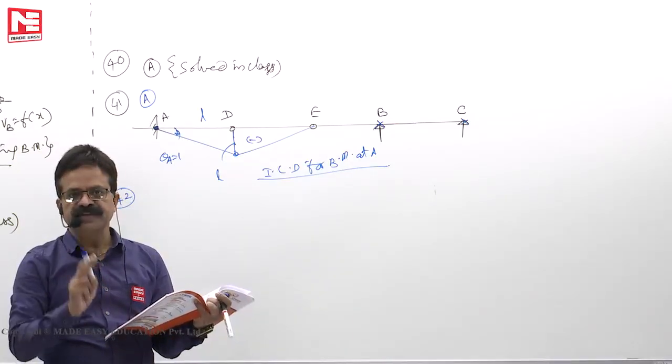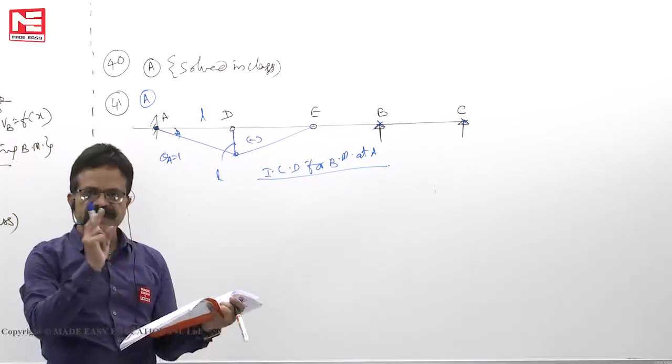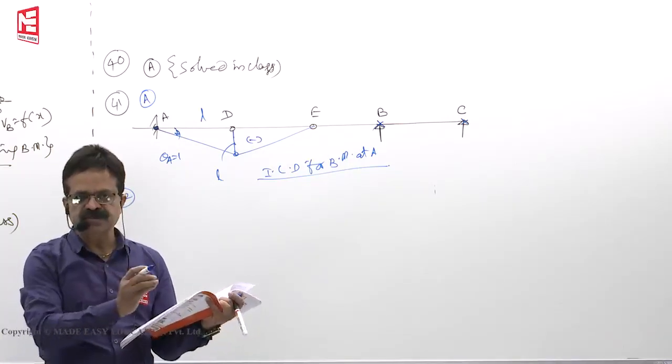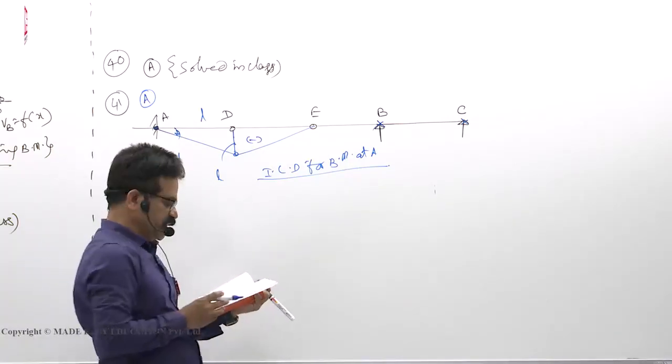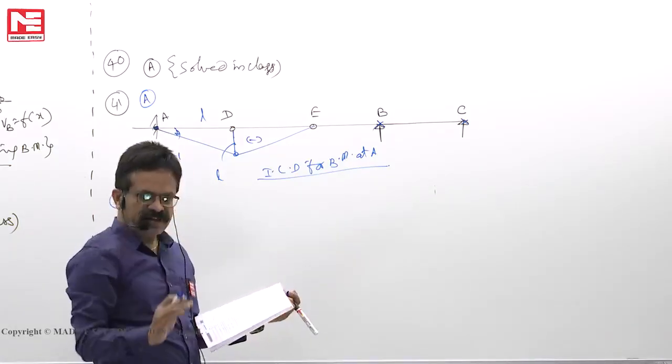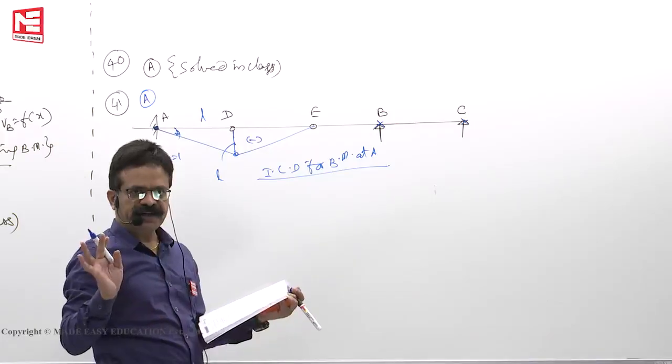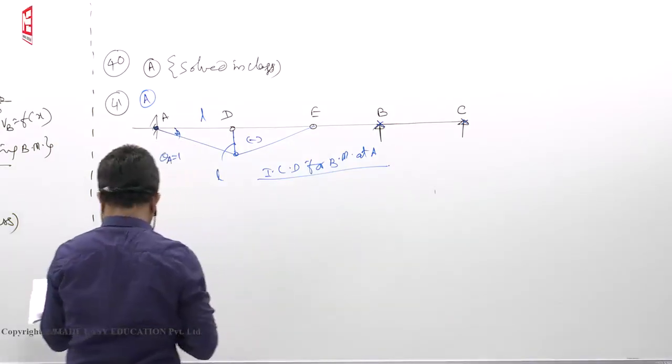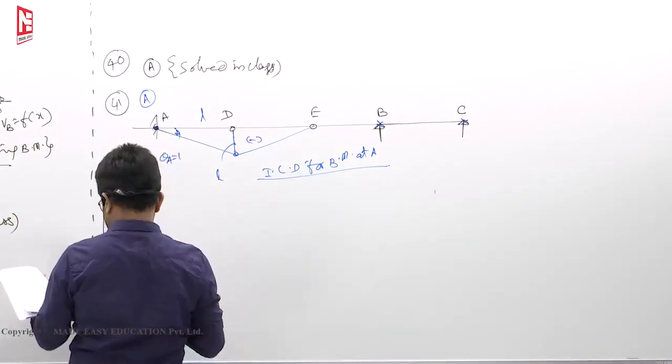It is applicable to linear elastic structures for which the principle of superposition, that means Hooke's law, is applicable. That means loads have to be applied within the proportionality limit only. For large deformations also you cannot apply this principle. Okay, 1 and 2 are correct.